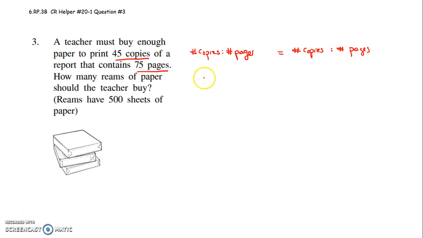I'll show you, I believe you call it the caret method first, and then I'll set it up as equivalent fractions. So there's 75 pages in one copy. So one copy is 75 pages. You need 45 copies, but you don't know how many pages that will be.